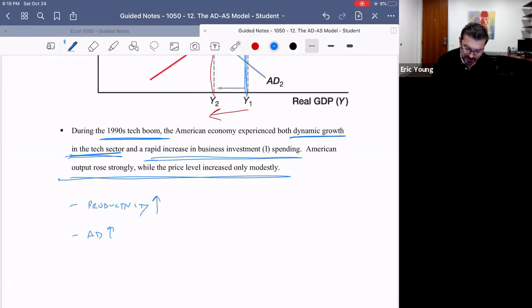Well, the answer is this increase in AD was in large part offset by the growth of productivity, which reinforces our ideas from the economic growth discussion about how important economic growth is.